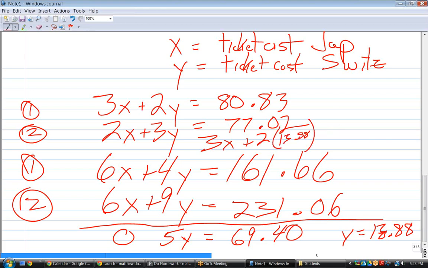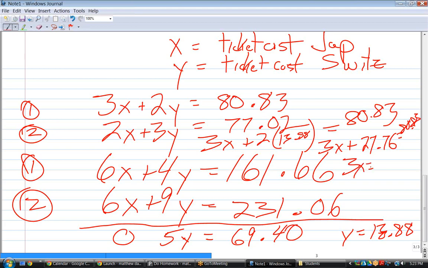1388 equals 8083. So now I get 3x plus 2776 equals 8083. 3x equals 80.83 minus 27.76 is 53.07.